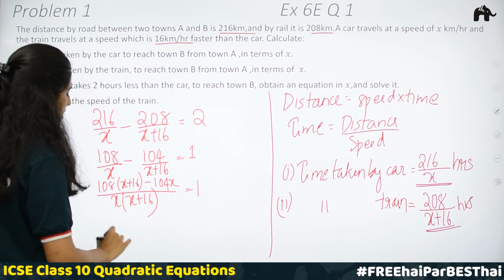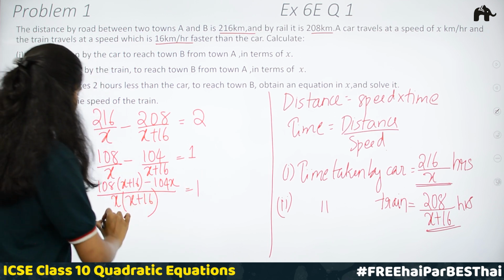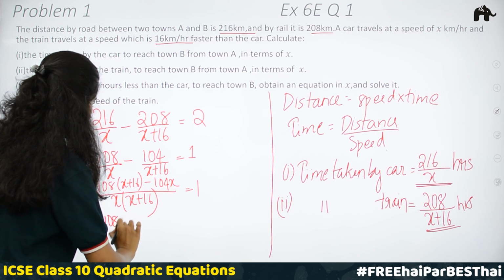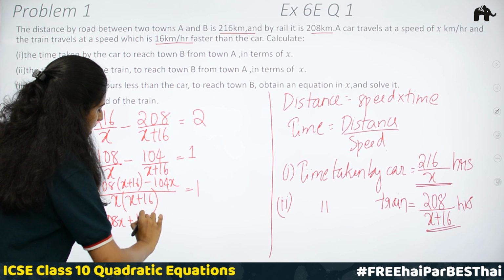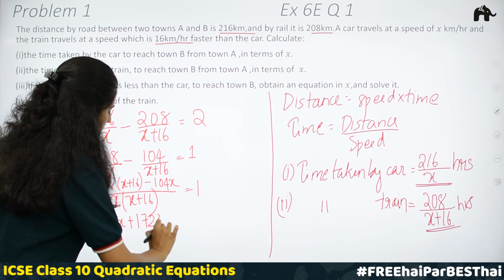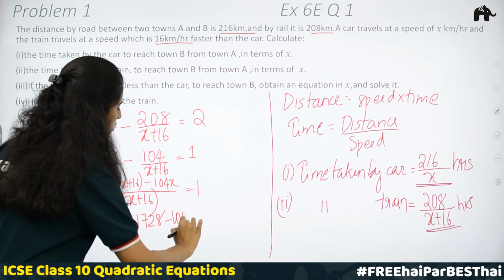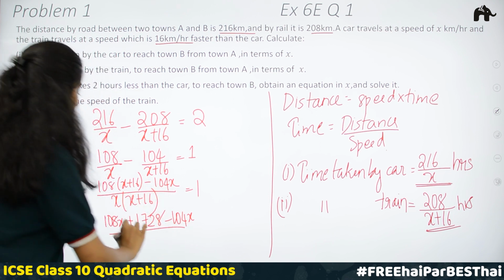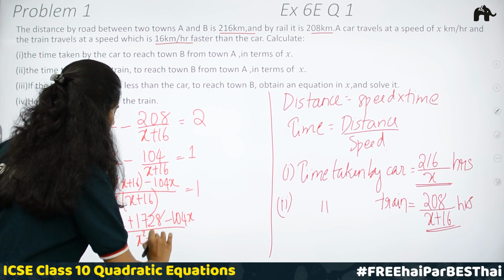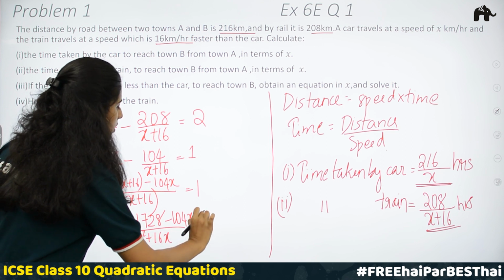That is, removing brackets and multiplying, we get 108x plus 108 into 16, we get 1728, minus 104x, divided by, here again removing brackets, x square plus 16x is equal to 1.